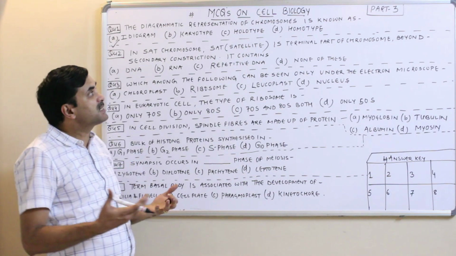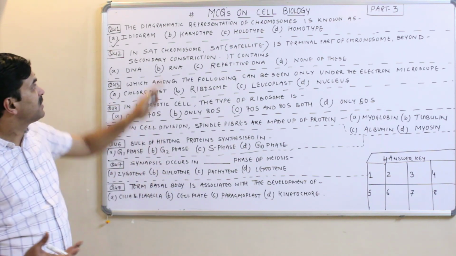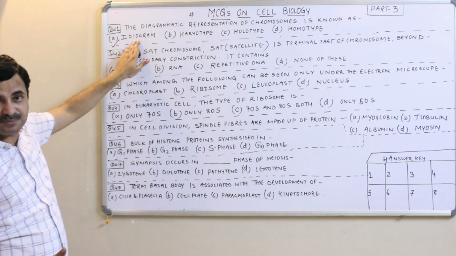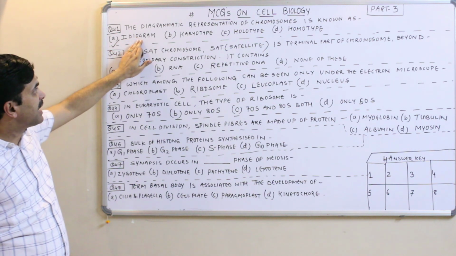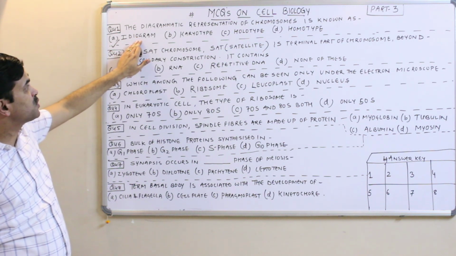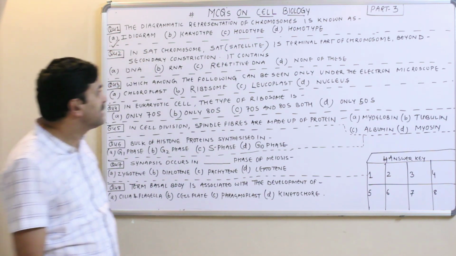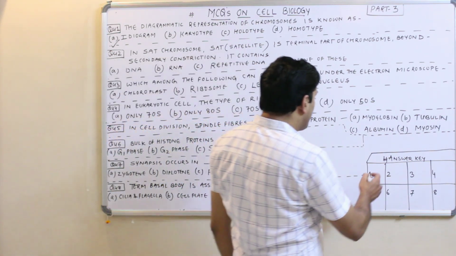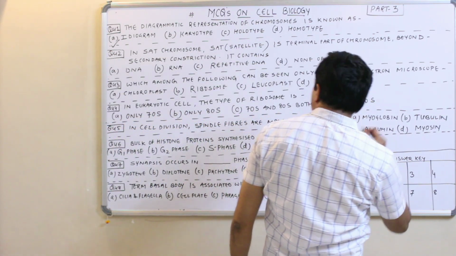The diagrammatic representation of the karyotype is basically the ideogram. Is it clear? So the diagrammatic representation of the chromosome is always called the ideogram. So question number 1 has the answer A.